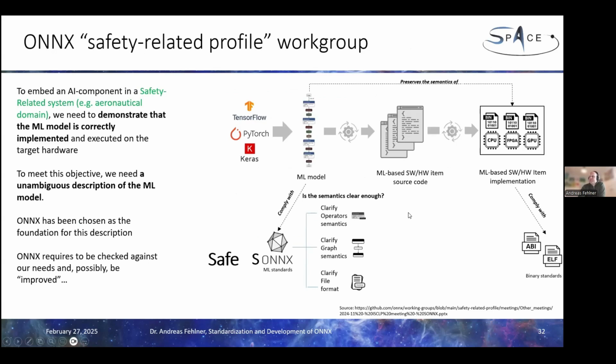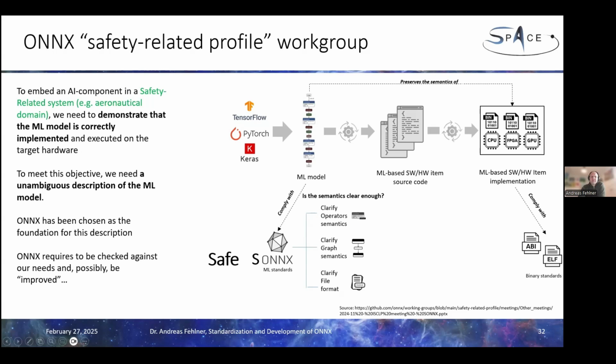Just to give an example for the safety-related profile, for the aeronautical domain, we need to demonstrate that the model is correctly implemented and executed on the target hardware. Therefore, we need an unambiguous description of the ML model. This is ongoing work where we really have to clarify what each operator really does.